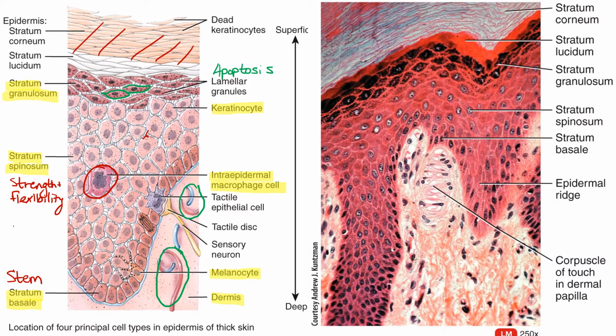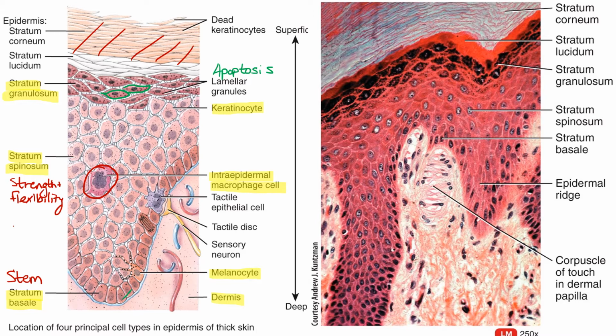So the cells in the stratum basale have a lot of nutrients because they're right next to those blood vessels, but as we get further away it gets more and more difficult. As we get to that stratum granulosum layer, we're too far away from the nutrients coming from the blood vessels, so these cells start to undergo apoptosis.